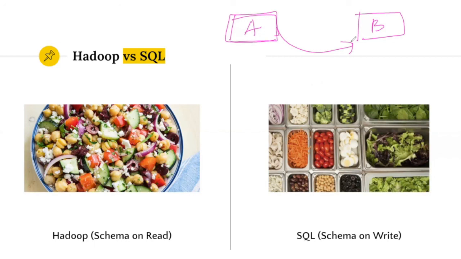Now, in order to do that in a SQL database, we need to know the exact structure of database A and the exact structure of database B. And not only that, we need to ensure that the structure of database A is compatible with the structure of database B. Okay.